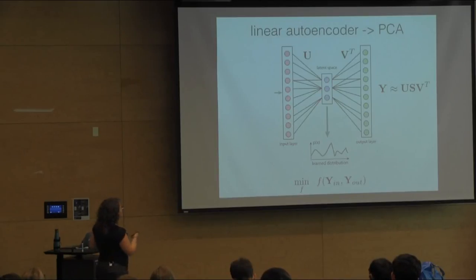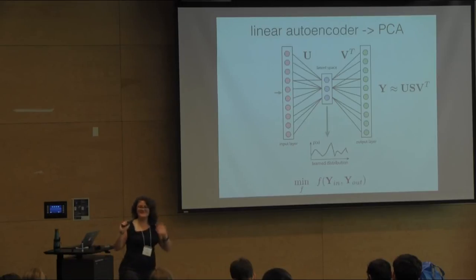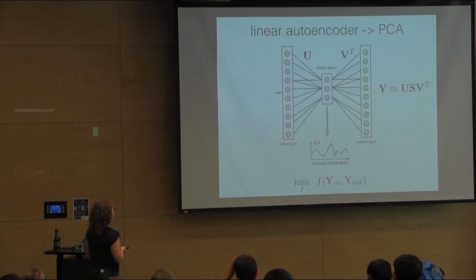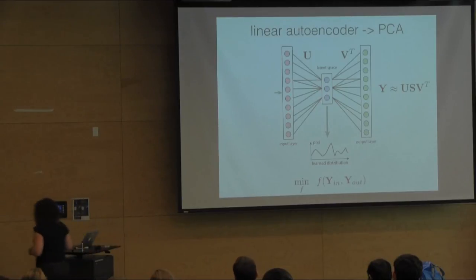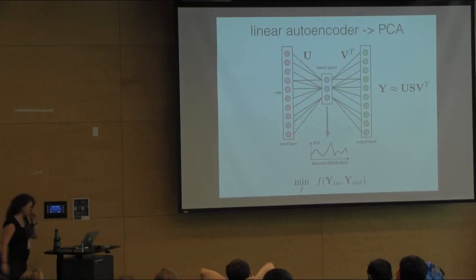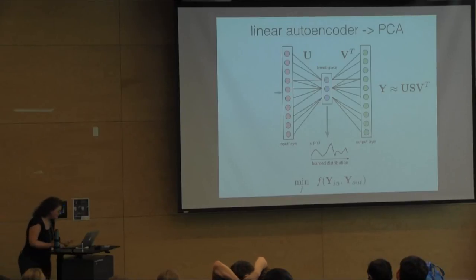So you could think about PCA as an autoencoder, but a very simple one that's linear and has very nice mathematical properties. Okay, so I wanted to bring that up as a final point.